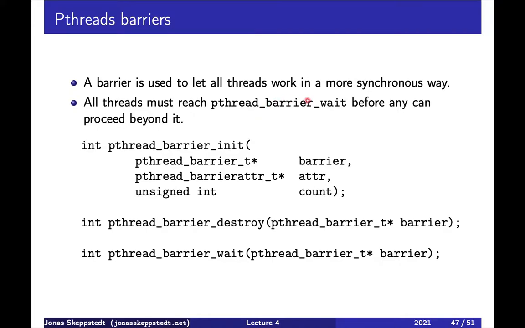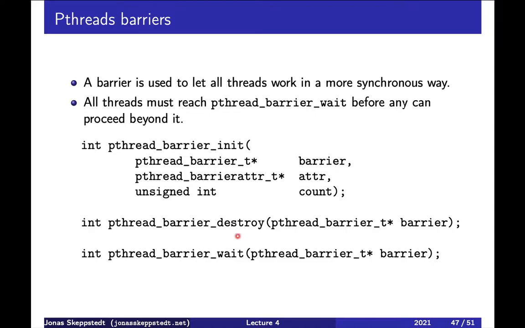The purpose of a barrier is to let threads execute in a more synchronous way. We initialize the barrier, that's the type, and we say how many threads will use this barrier. Say we use 10 threads, so count here will be 10.